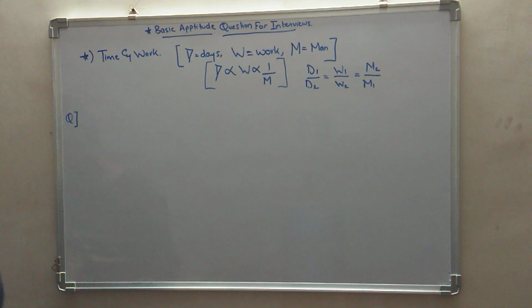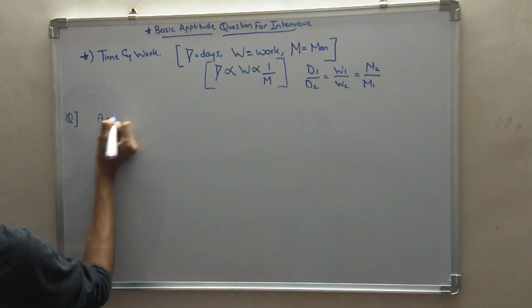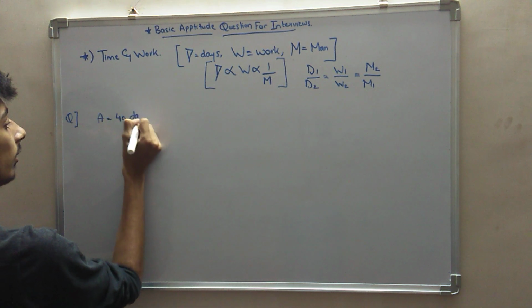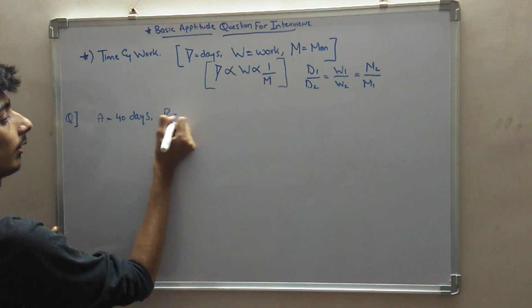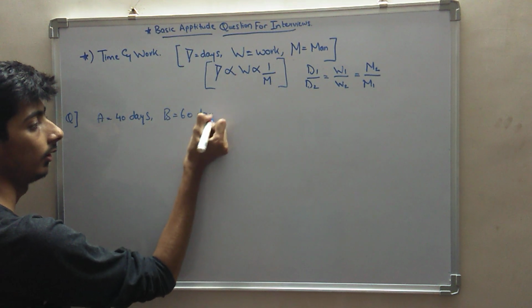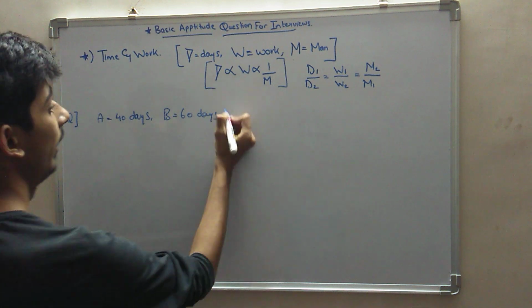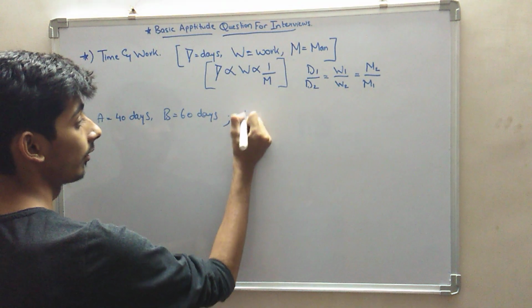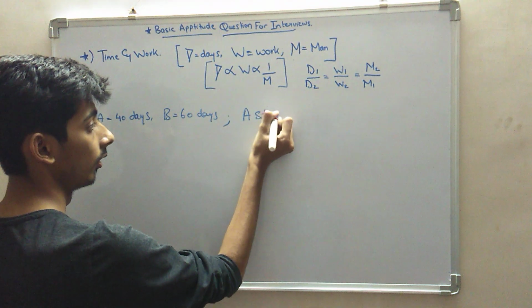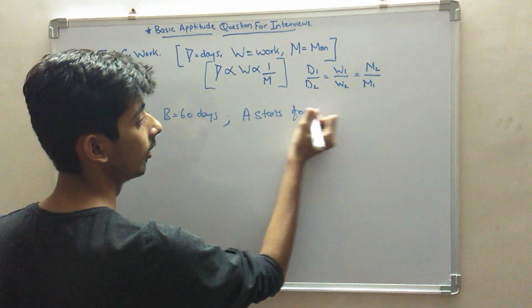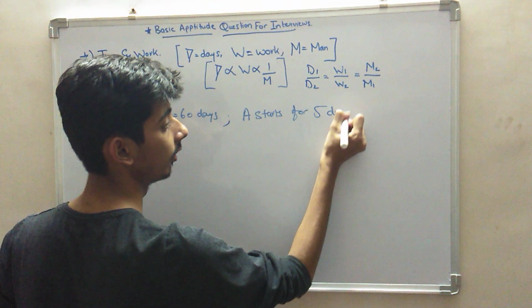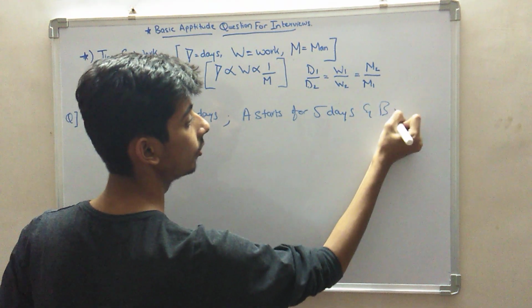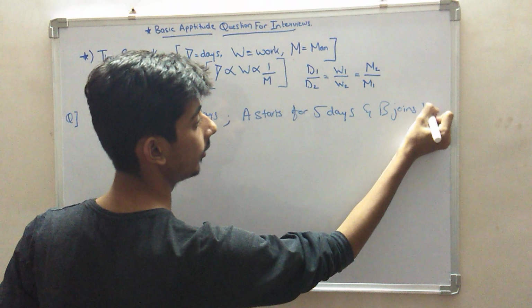Now the third question is, if A takes 40 days and B takes 60 days respectively to work independently. So A takes 40 days and B takes 60 days for a work. Now A starts the work for 5 days and B joins him.